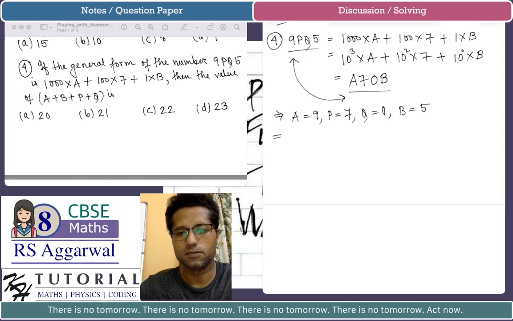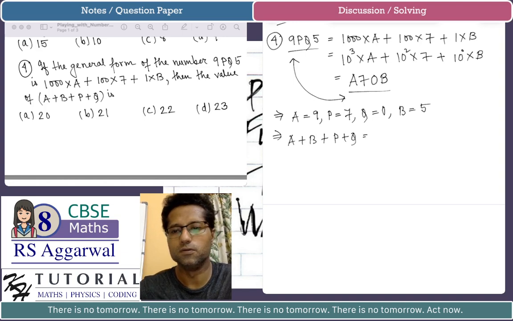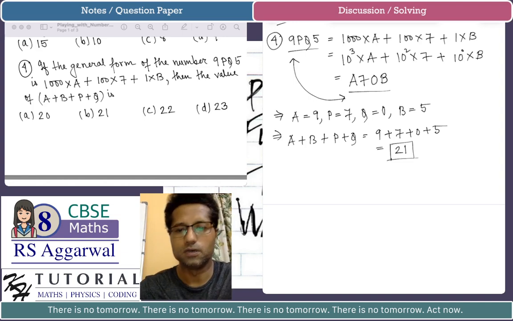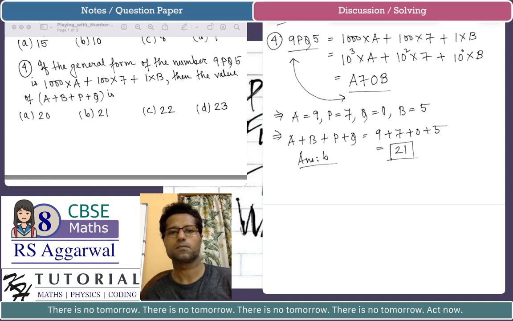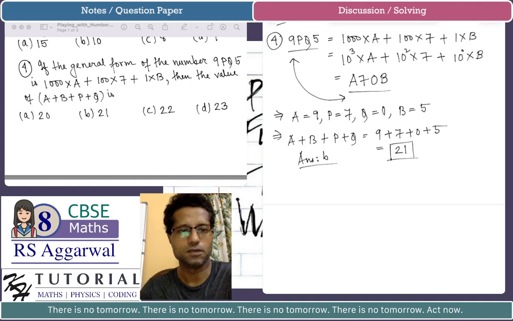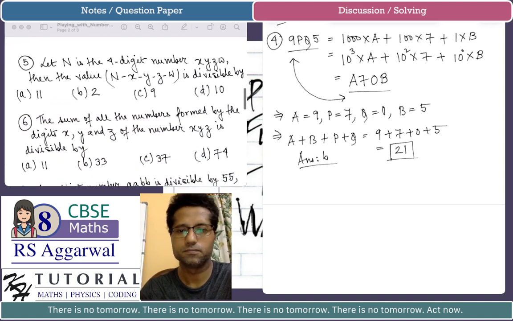So this implies A plus B plus P plus Q is equal to 9 plus 7 plus 0 plus 5, which is equal to 21. So the correct choice is B. Okay, let's do the next problem, problem number 5.